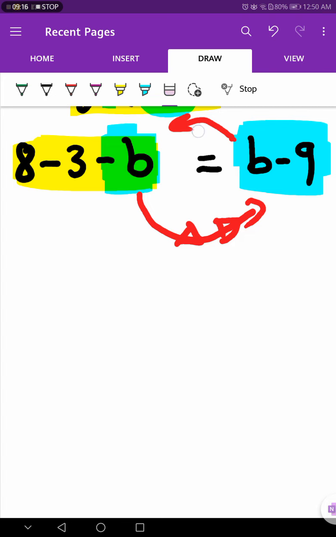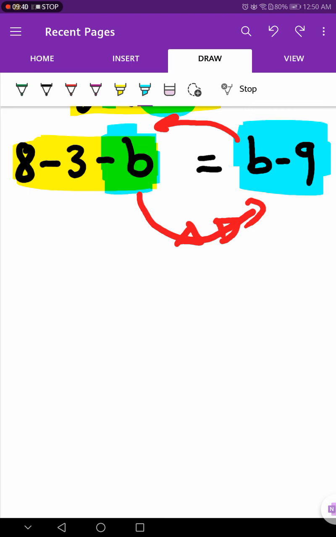Yes, you are correct. But if I move this b here, okay, to the other side, that means I need to move this and this number, two movements or one movement more.